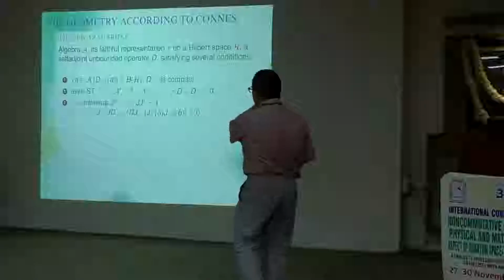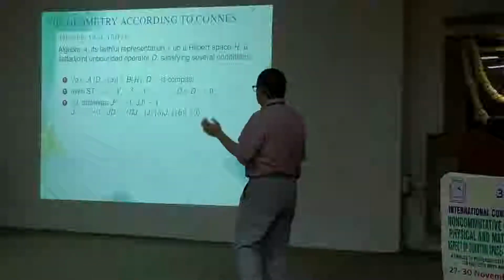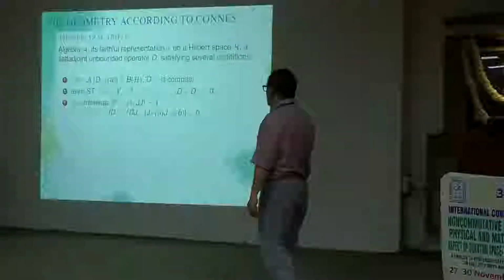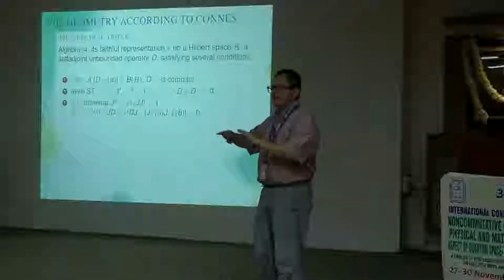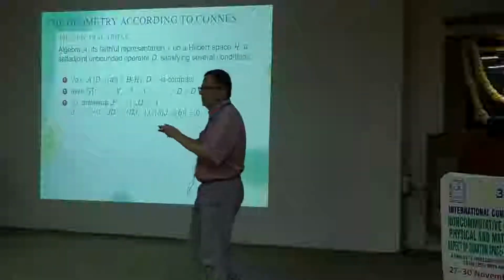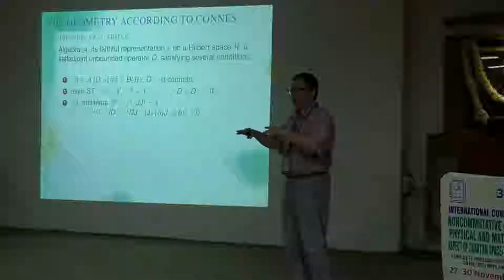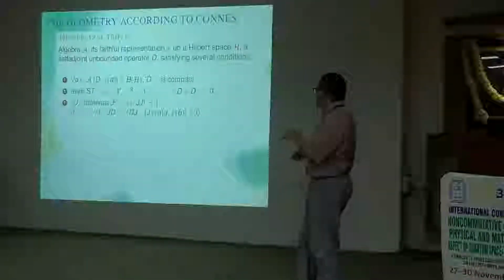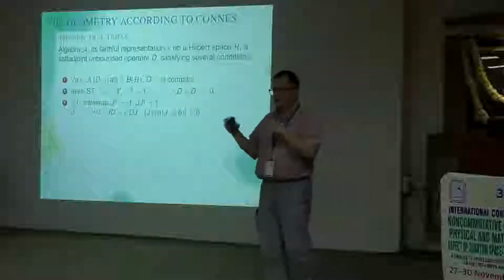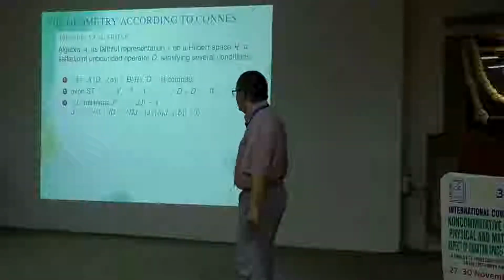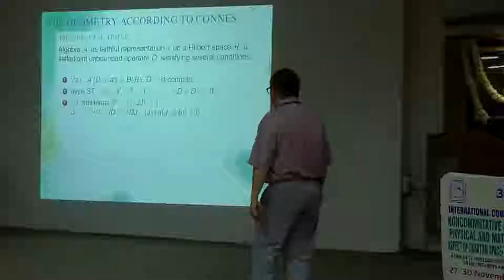So formulating like that, there's an operator J, an anti-linear isometry, satisfying certain relations that are not that important, with respect to the Z2 grading and the Dirac operator, so commuting or anti-commuting with them. The two things are important.